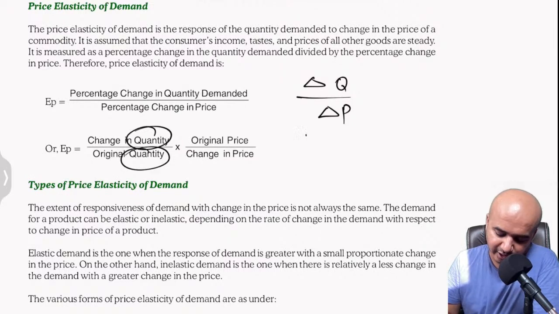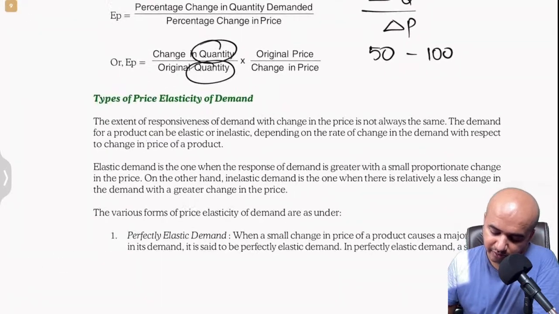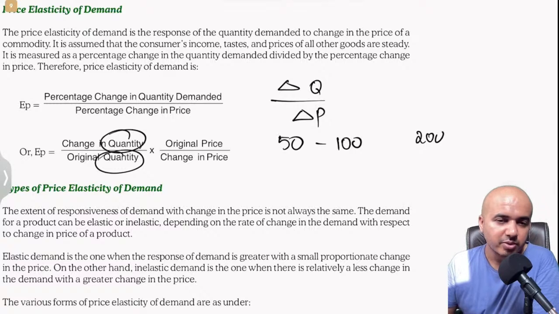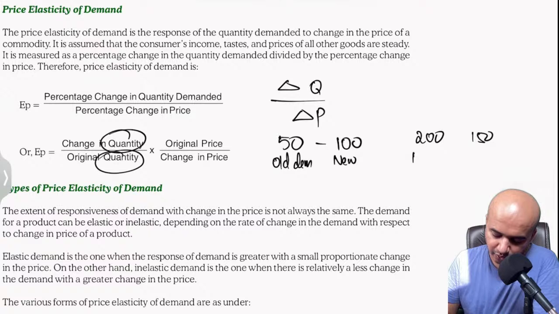Let's say earlier I used to buy 50, now I am buying 100. Earlier the price was let's say 200, but now the price has come down to 150. So this is the old demand, this is the new demand, this is the old price, no, this is the new price.